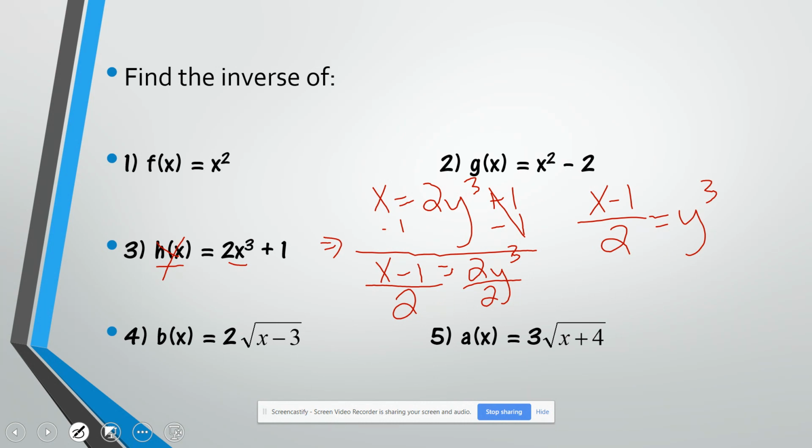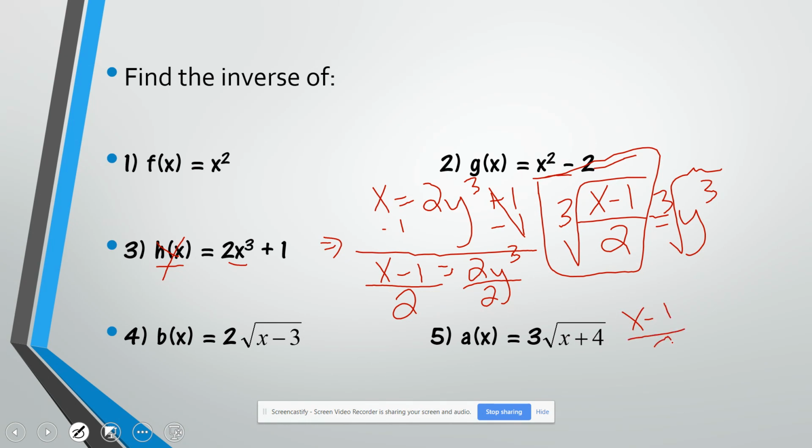And then there's two ways to do this next part. The opposite of a third power is a third root. So we can take the third root of that whole x minus 1 divided by 2. This is one way we could write our answer. The other way that we've learned to do opposite or inverse operations of a third power is by the reciprocal.